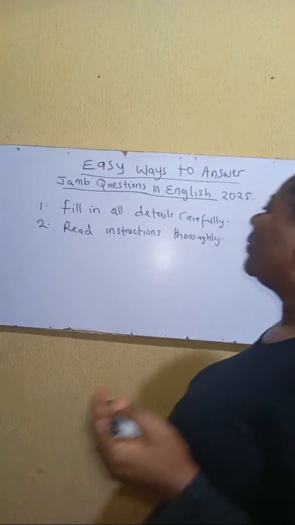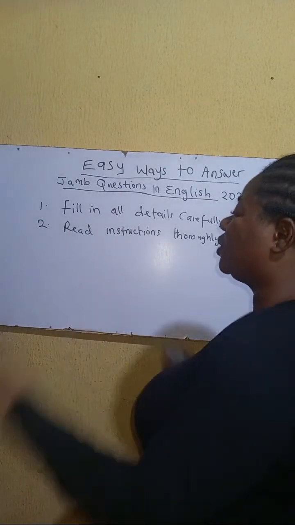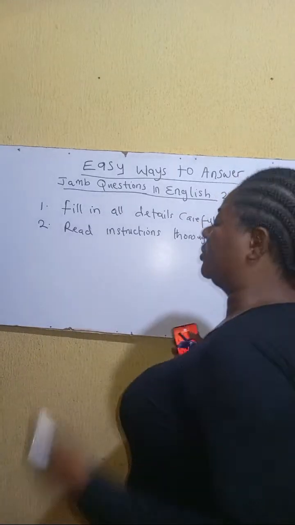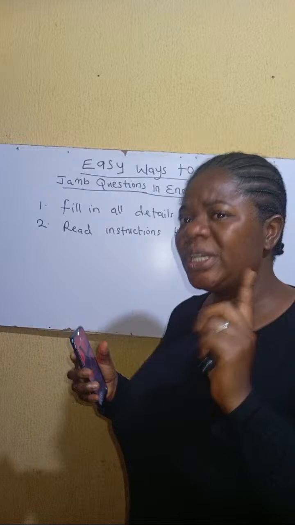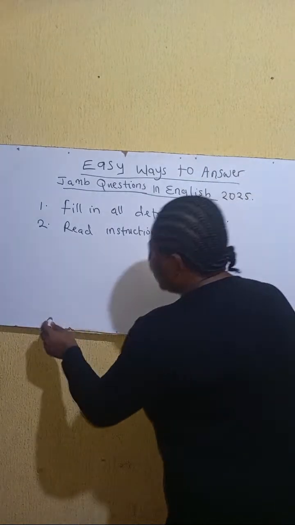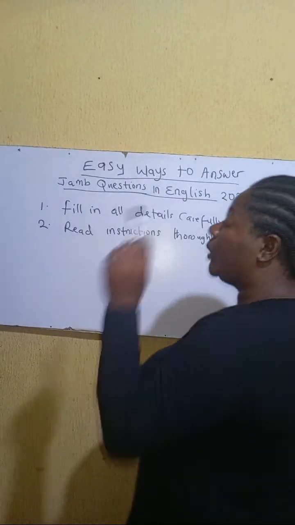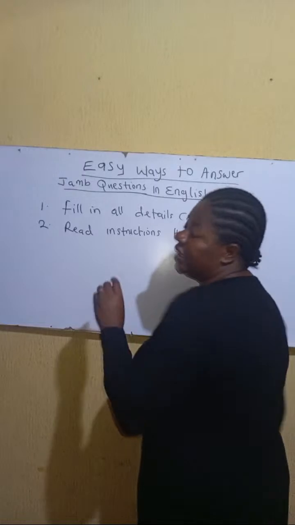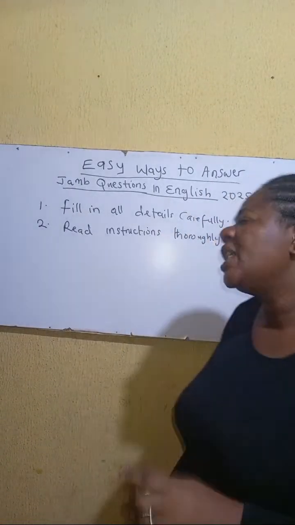When they are seated in the exam, they say, I know this already, I know the instructions, I know what I'm supposed to do, so no need for me to read, I'll just go straight and answer the question. No, there is a reason why the examiner wrote on the top or bottom of your question sheet that you should read the instructions. So you read the instructions thoroughly, word by word.